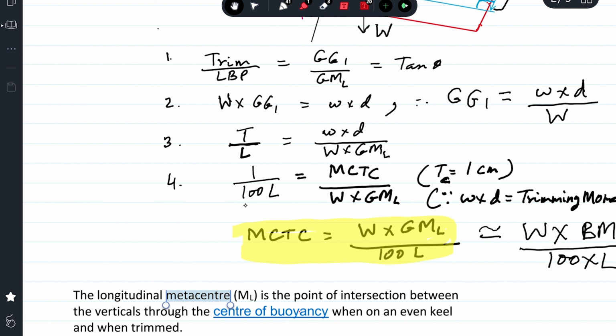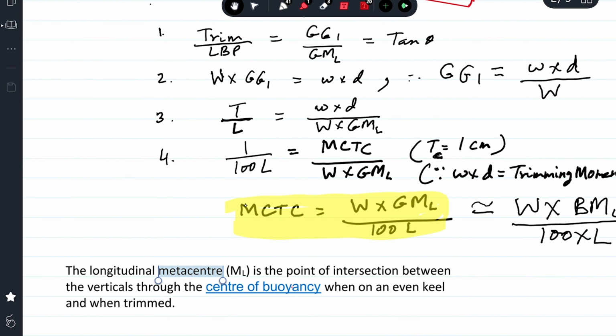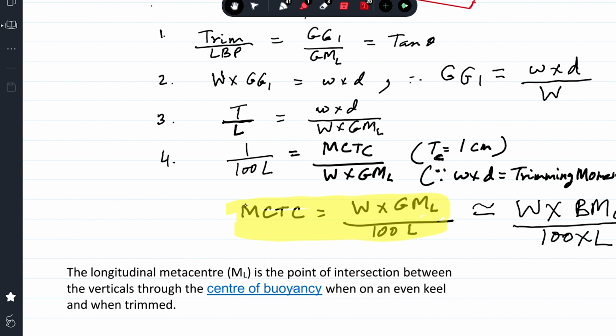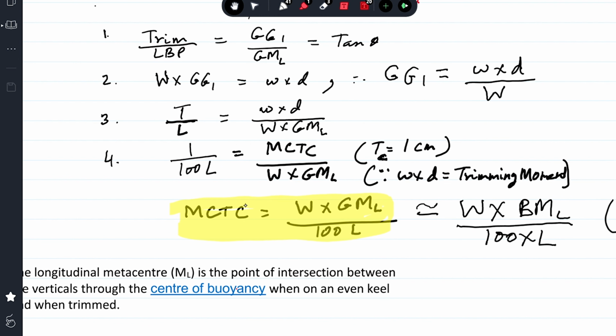So the formula then becomes T upon L is equal to 1 upon 100 L is equal to MCTC upon displacement W into GML.